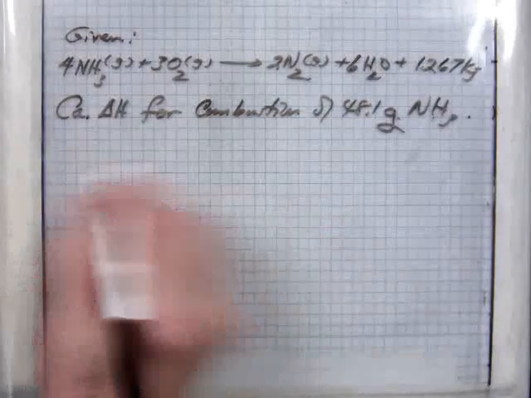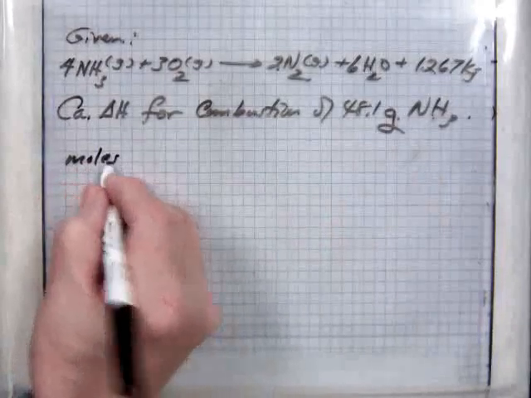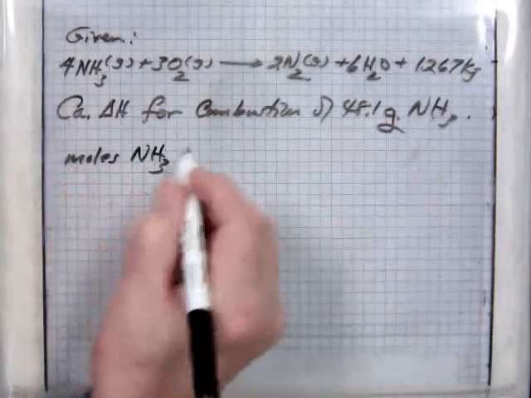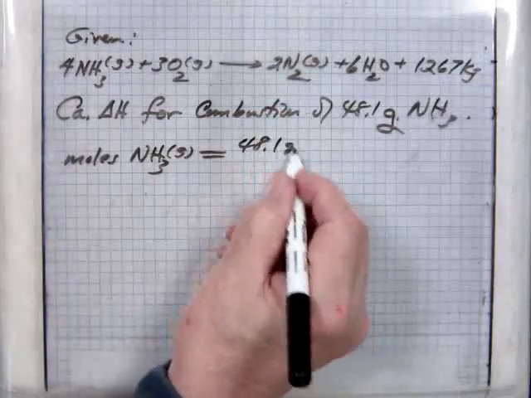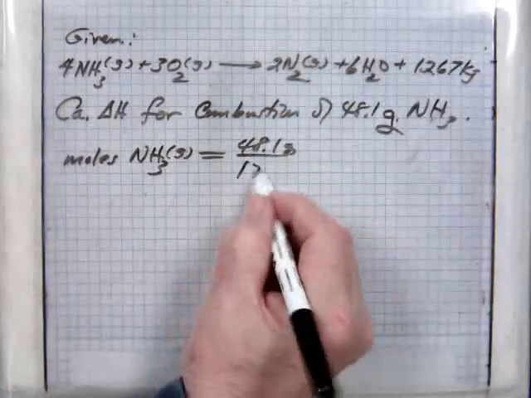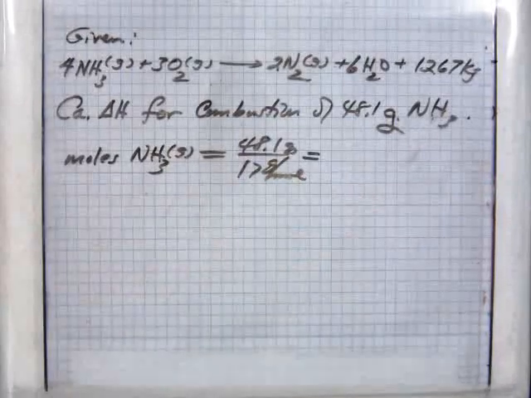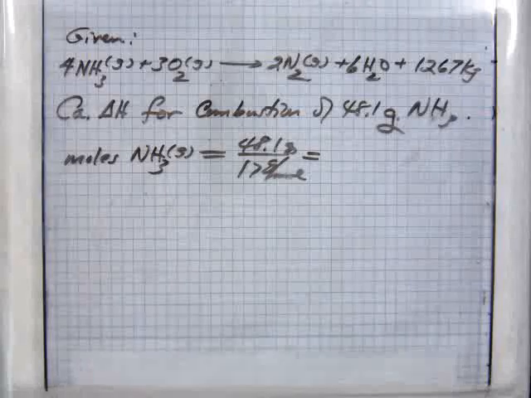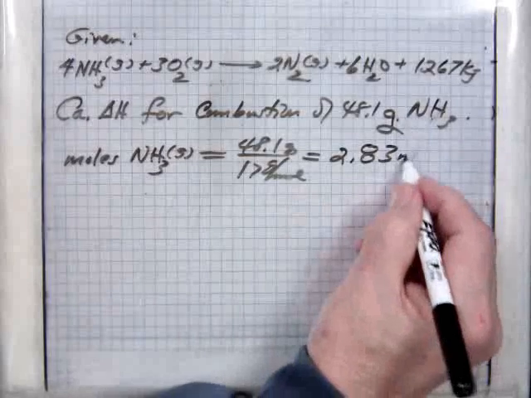Okay, so if we're given 48.1 grams, we need the moles of ammonia gas, and that's 48.1 grams, 17 grams per mole. 2.83 mole.